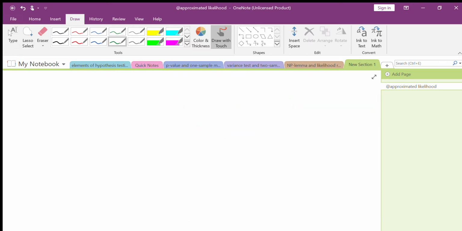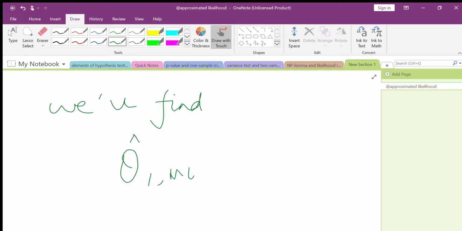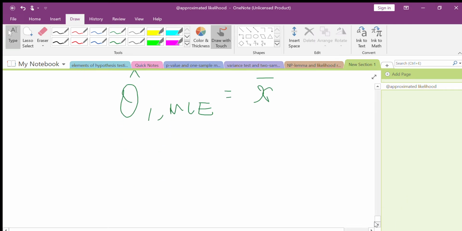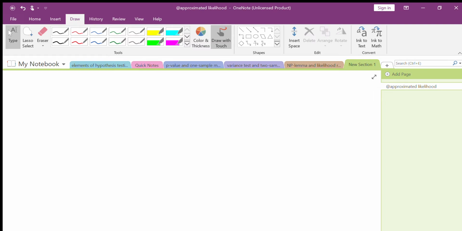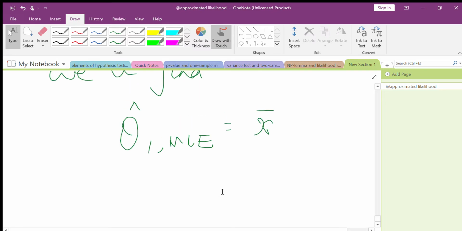We'll find that the MLE of theta 1 is x bar, and the MLE of theta 2 is y bar.